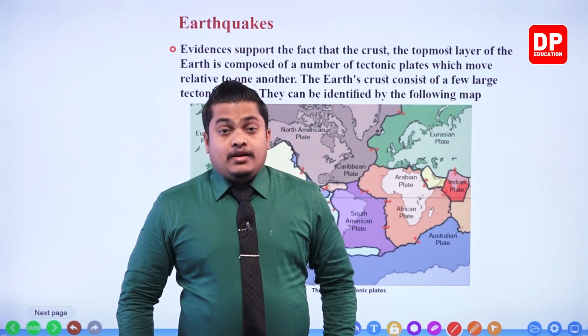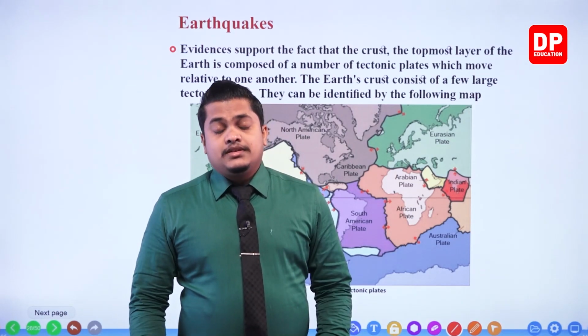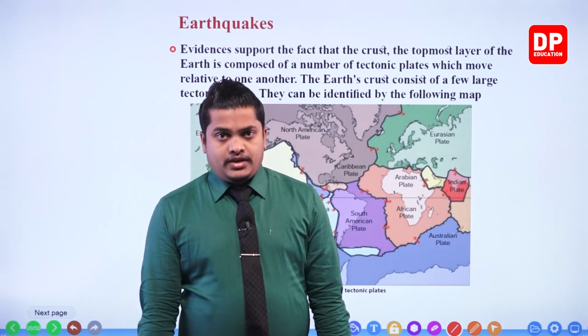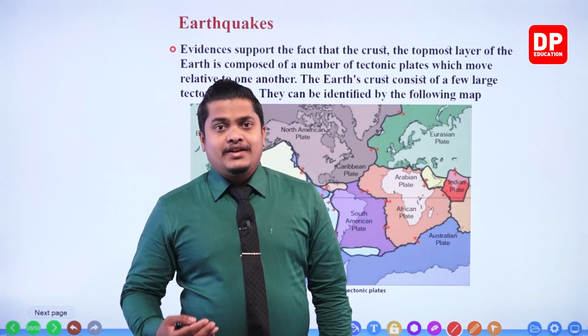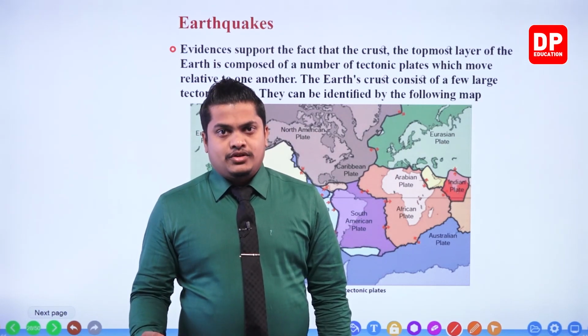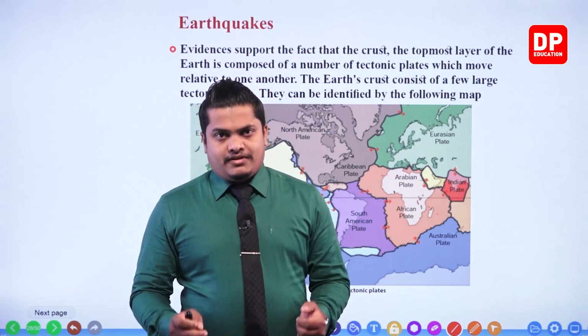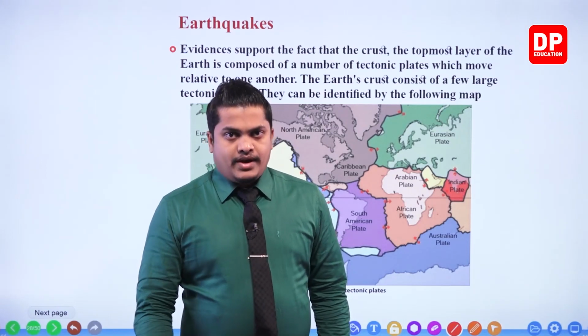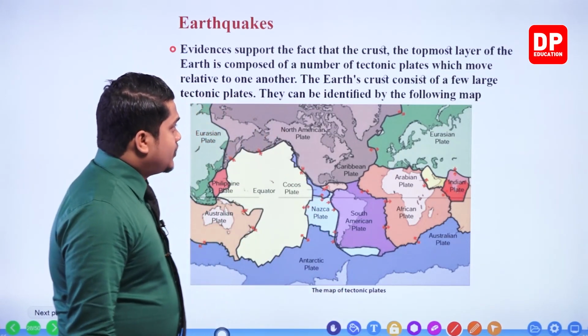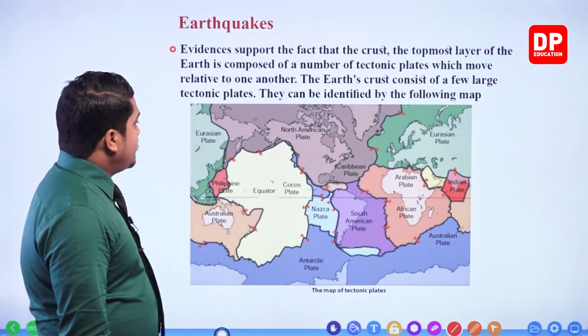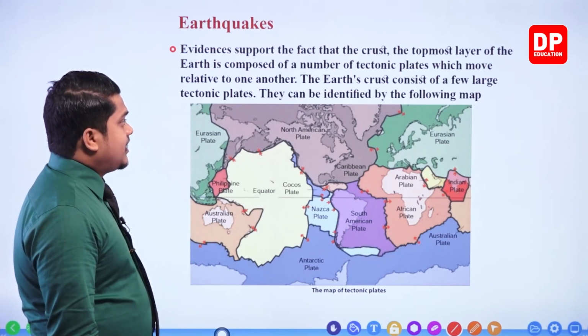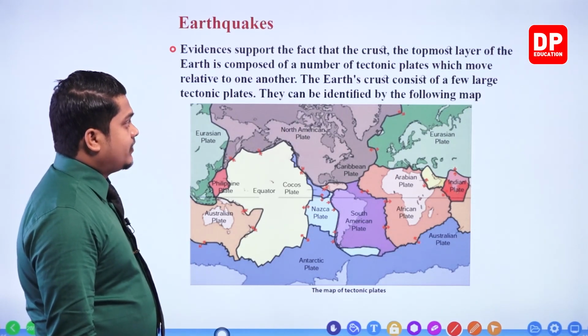The earth crust is not continuous. It has been divided into several segments, my dear children. So the earth crust consists of a few large tectonic plates. They can be identified by the following map.